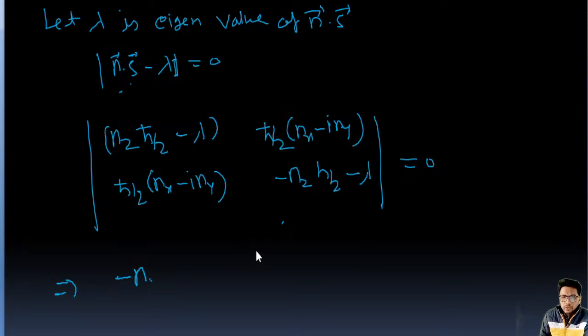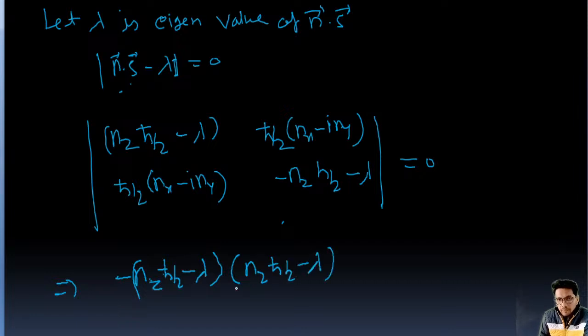Okay, so we'll put the value here. We'll simplify it. It is going to be nz h cut by 2 minus lambda into nz h cut by 2 minus lambda.